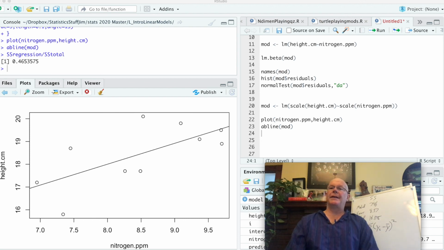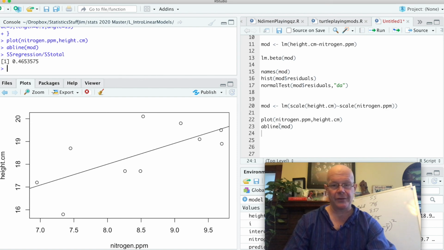So an interesting thing is, why is it called the R squared? Well, there's a good reason. Because it is actually the square of the correlation between our fitted values and our observed values. Okay, so we have our fitted values, and if you recall, they're in that object mod.